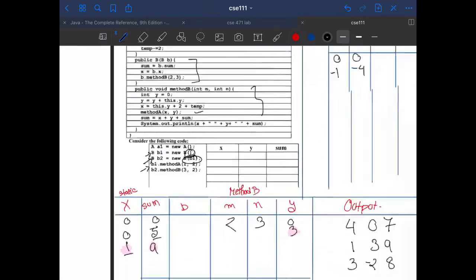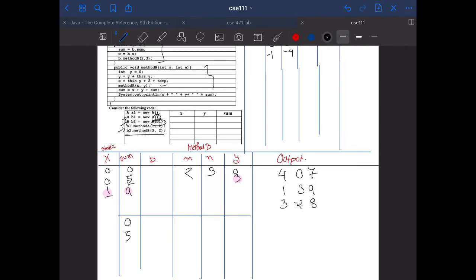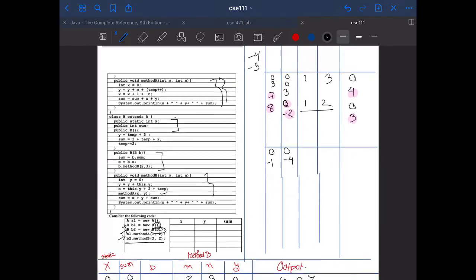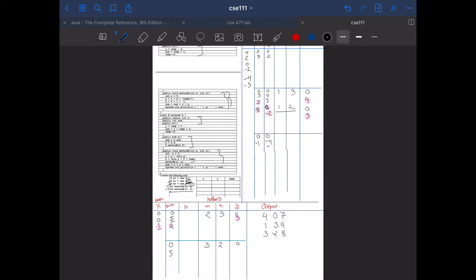Now in b2.method b, it passes on two parameters, 3 and 2, so 3 and 2 here. In method b, y equals 0, y equals y plus this y, so 0 plus, by this y we are referring to this one, so minus 4, so 0 and minus 4, that's minus 4. x equals this y, so minus 4 plus 2, that's minus 2, plus temp.